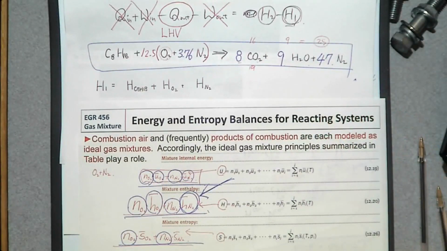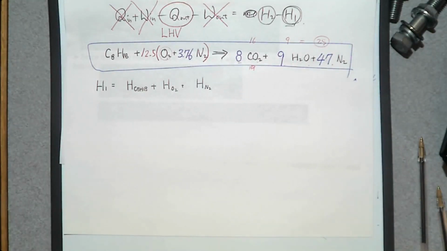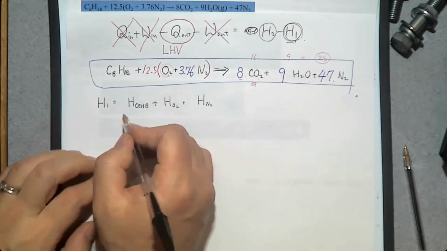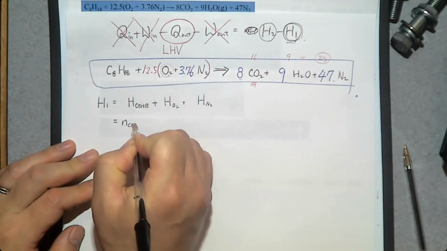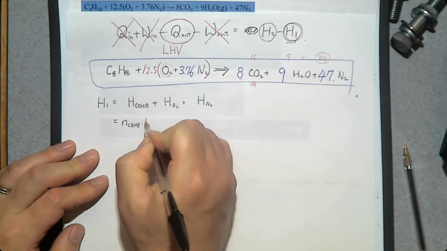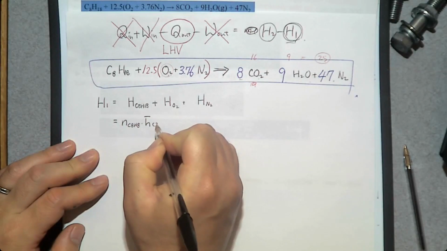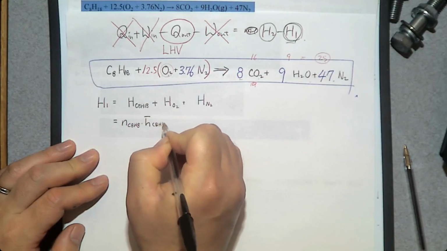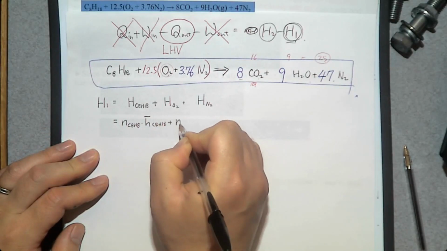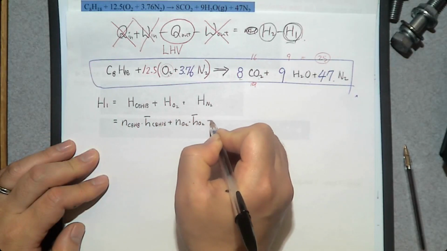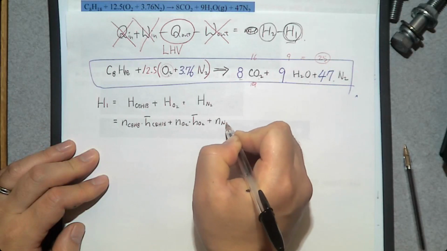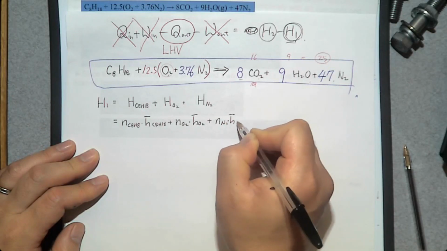This is how we determine H: the number of moles times specific enthalpy. The number of moles of liquid octane times specific enthalpy of liquid octane, plus number of moles of oxygen times specific enthalpy of oxygen, plus number of moles of nitrogen times specific enthalpy of nitrogen.